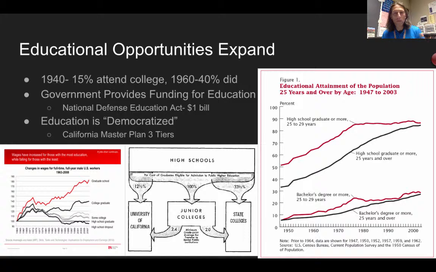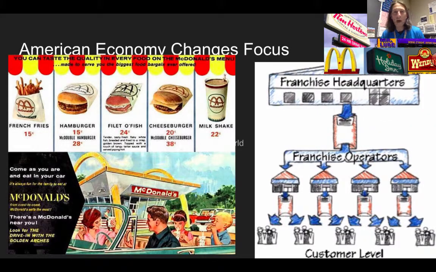When you look at California, that's kind of this master plan that's going to be adopted across the United States, where you're going to be able to get educational opportunities for a whole variety of people, whether it's looking for trade skills like junior colleges, maybe a liberal arts degree in the state colleges, and then those that are going to be focused on science or medical or engineering, and that's what the university system would help provide.